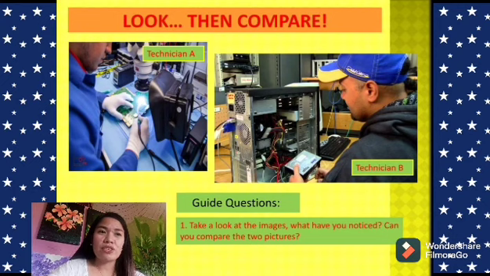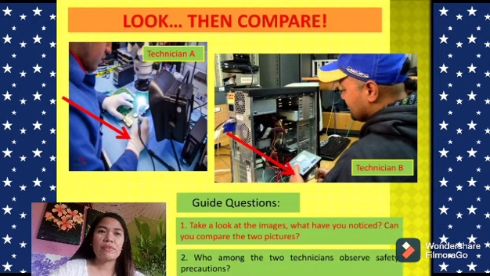Technician A and Technician B. Who among the two technicians observe safety precautions? Okay. So for sure, it is the Technician A. Because have you noticed that the Technician A used the proper protective equipment by doing his job? Okay, that's good.